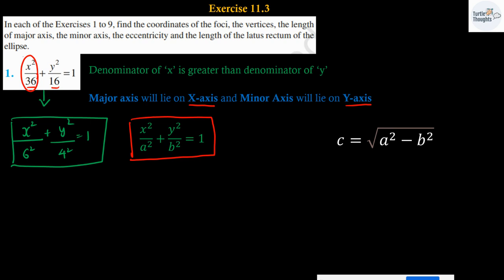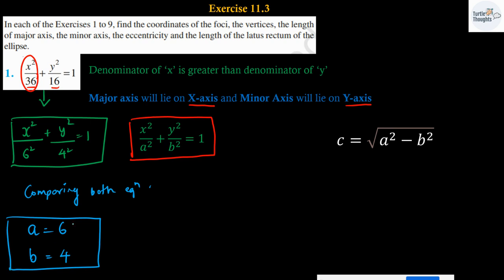Now I will compare the given equation with the standard equation. Comparing both equations, I get the value of a as 6 and the value of b as 4.